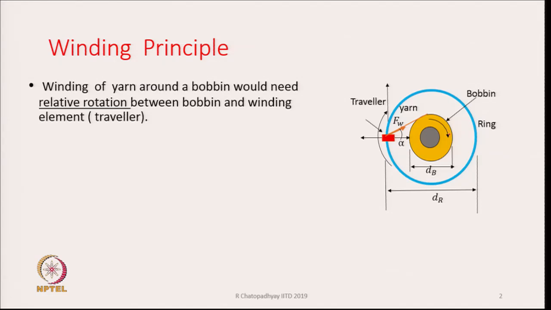So, the bobbin is turning in the clockwise direction, and as a result the traveler is also turning in the clockwise direction. And why is the traveler turning?